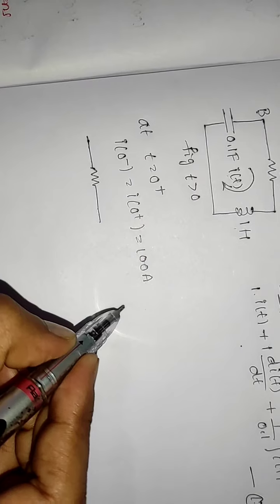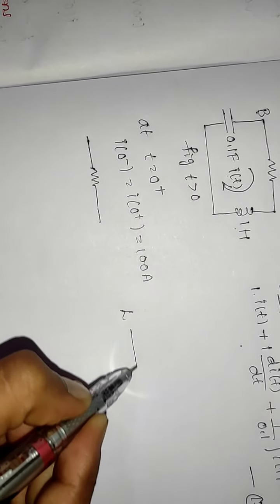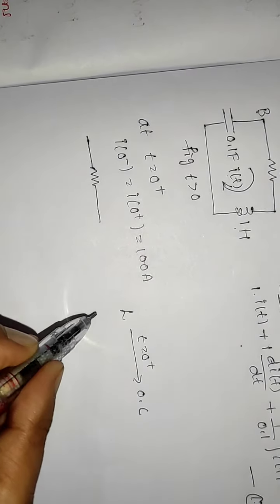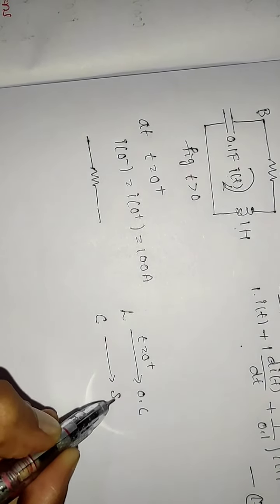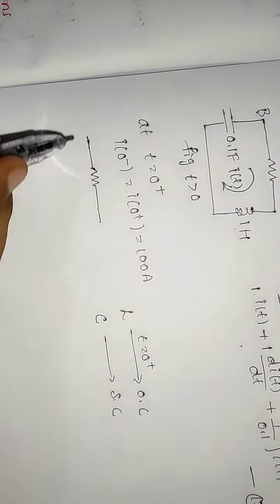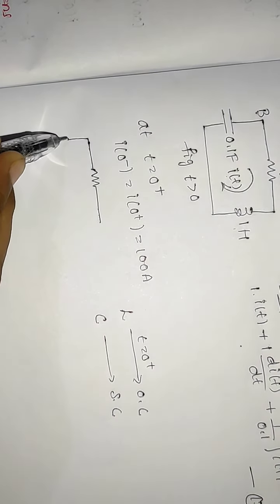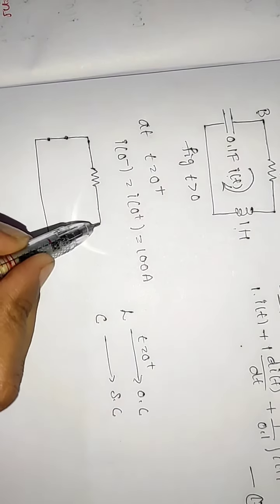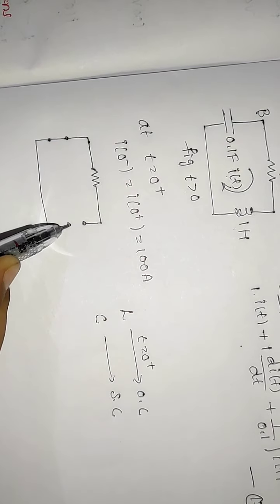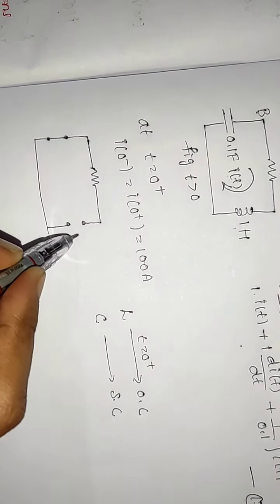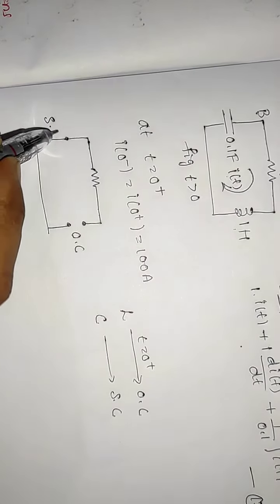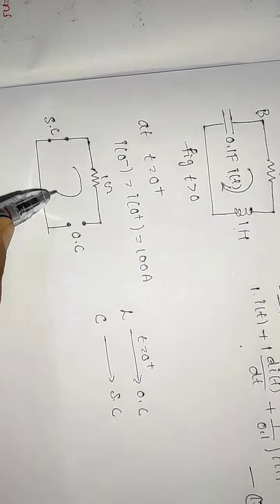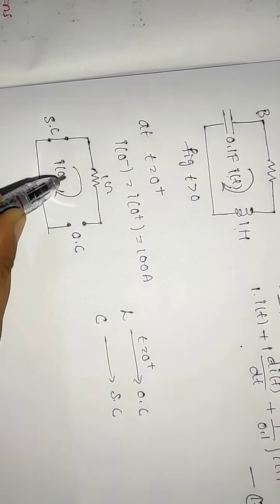At t equals 0 plus, the inductor acts as an open circuit and the capacitor acts as a short circuit. So the capacitor is short circuited, and the inductor becomes open circuit. With the 1 ohm, the loop current I of t becomes I of 0 plus.